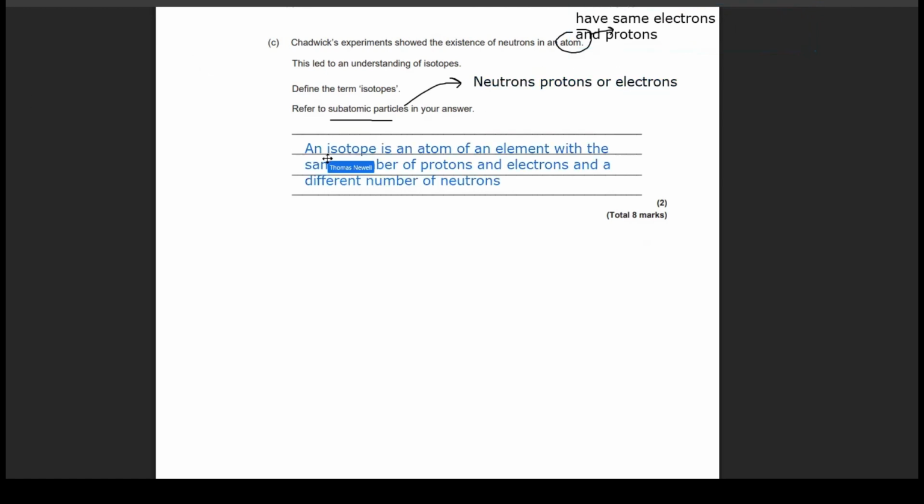However, sometimes I steer away from mentioning the word electrons and I just say the same number of protons, different number of neutrons. The reason is that you can have isotopes that are ions, and ions have a different number of electrons. So the correct definition is the same number of protons, different number of neutrons. But I'm just showing you that some teachers mark it wrong when you say electrons. They shouldn't if you're talking about an atom. Okay, let's move on.